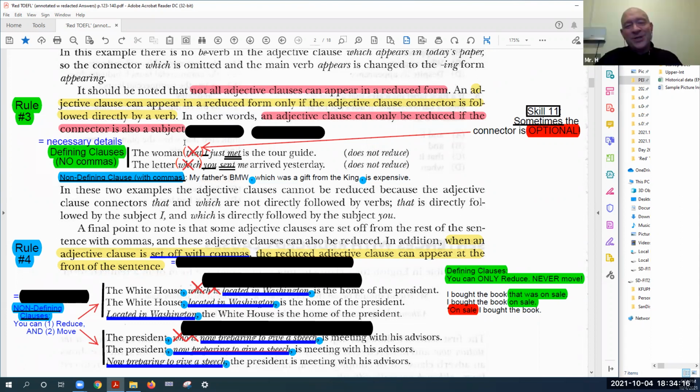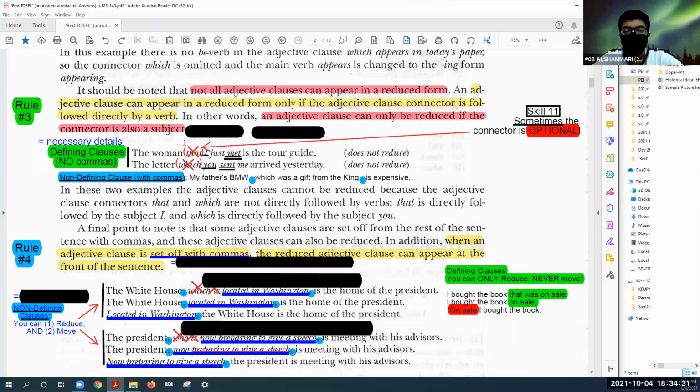This is why it's a little confusing: the connector is optional, but the details are necessary.